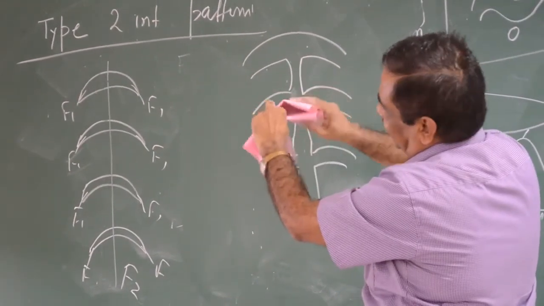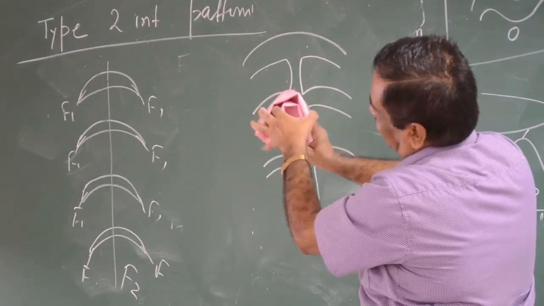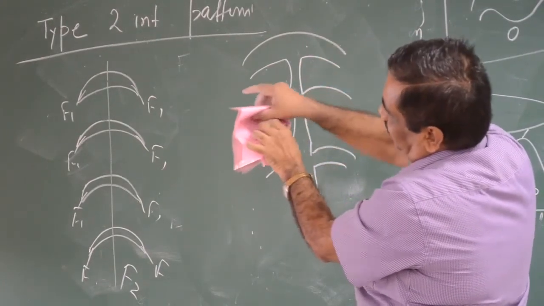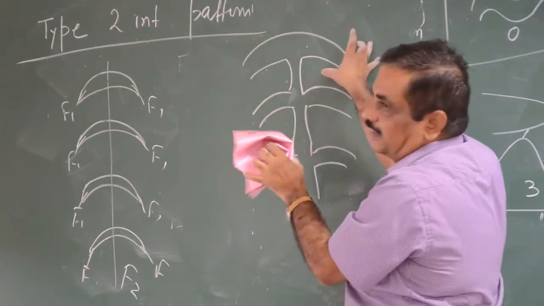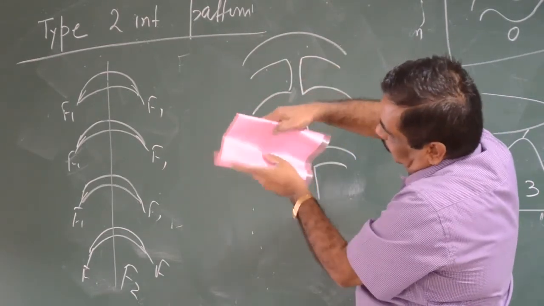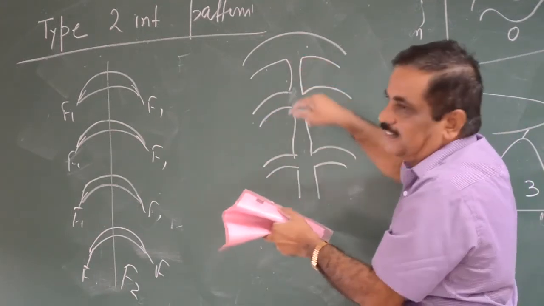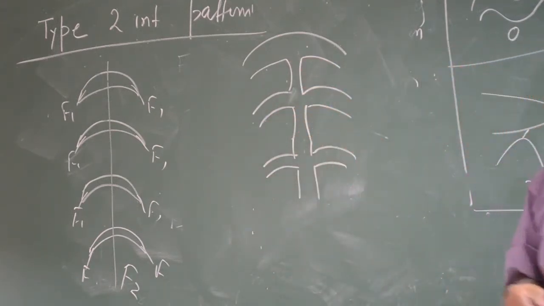You see, if you go on cutting like these chips, these two will be cut. And this inner part, inside part, ultimately will be connected by this bridge.